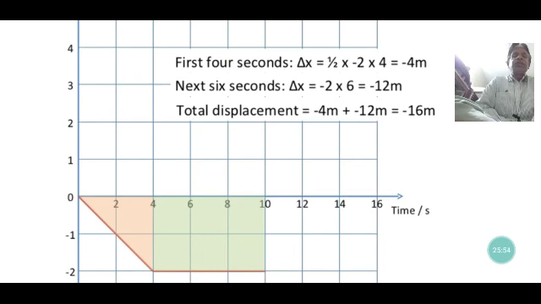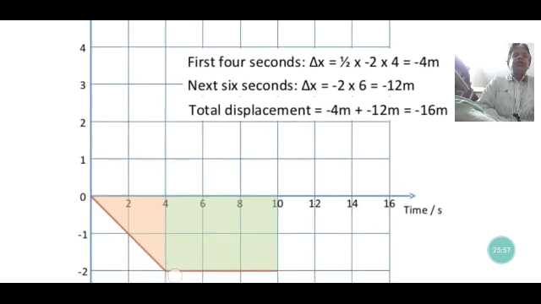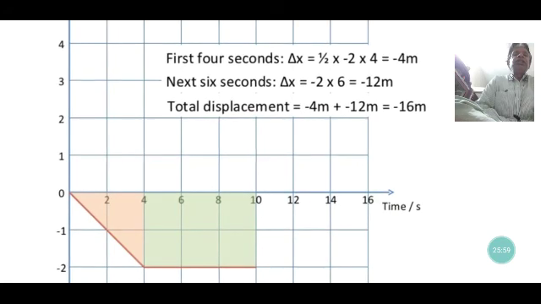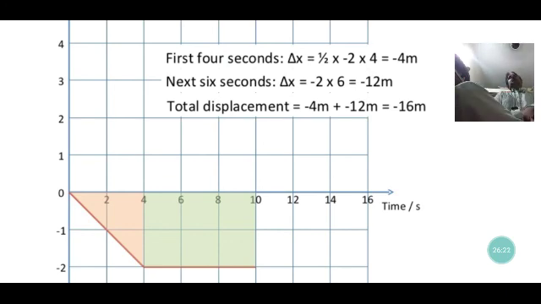For the next 6 seconds, the area is minus 2 times 6, so the area is minus 12 meters. Now the total displacement of the object, which is moving in the negative, opposite direction, becomes minus 16.